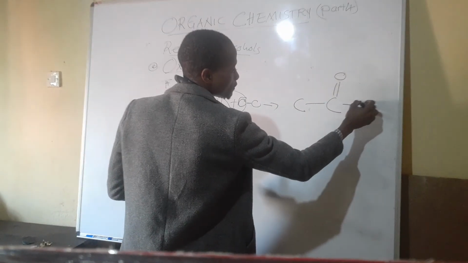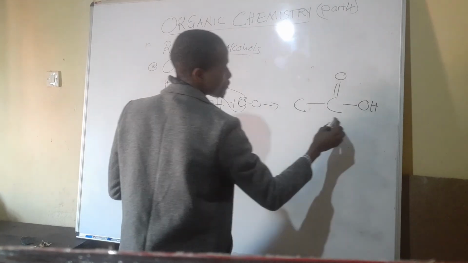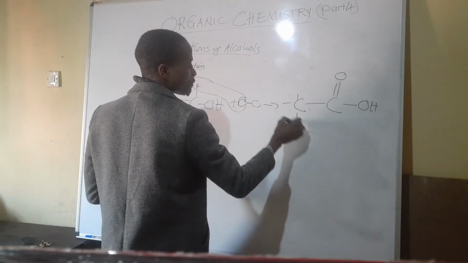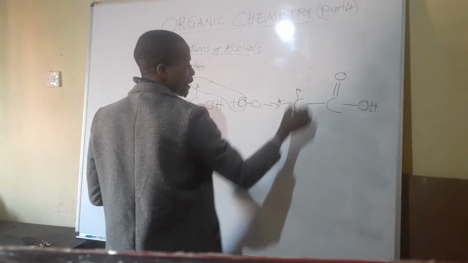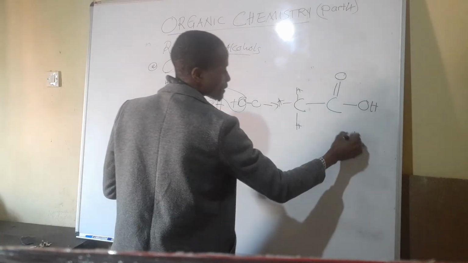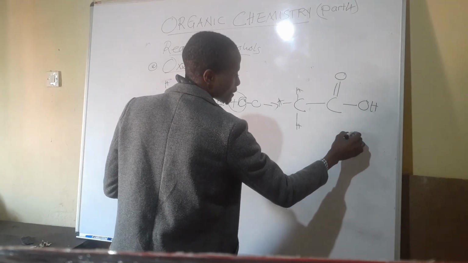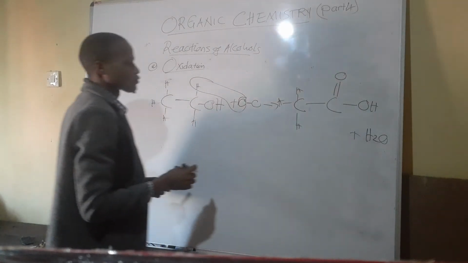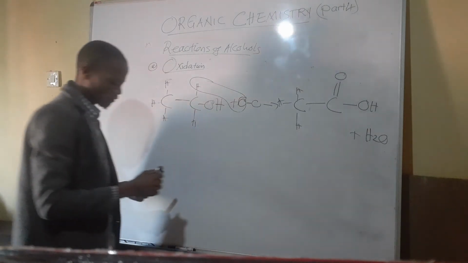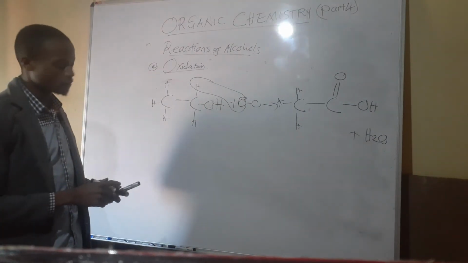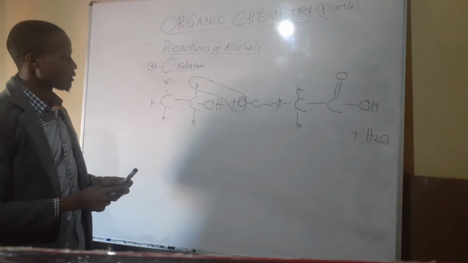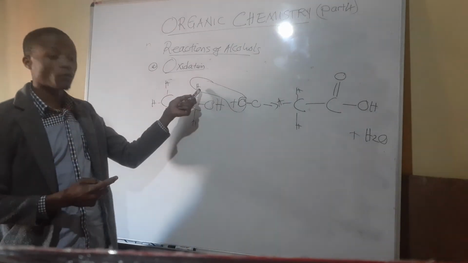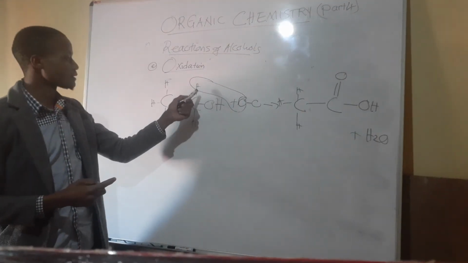Then we have the hydroxyl group, then the remaining hydrogen, plus the H2O at the end. So this is the carboxylic acid which is formed during the process of reaction. So one oxygen atom will substitute, should I say substitute?